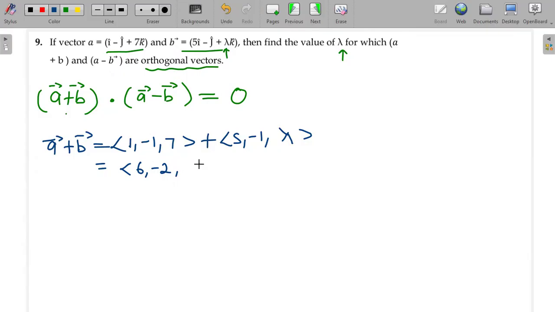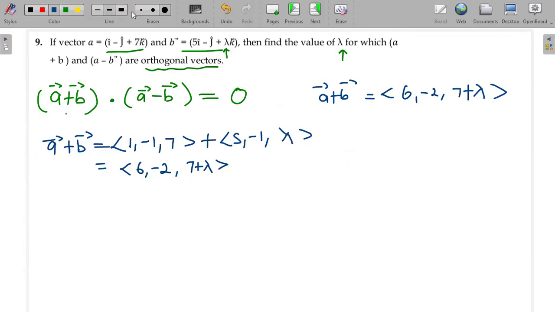And then 7 plus lambda. So this is my A plus B: 6, minus 2, 7 plus lambda, like that.